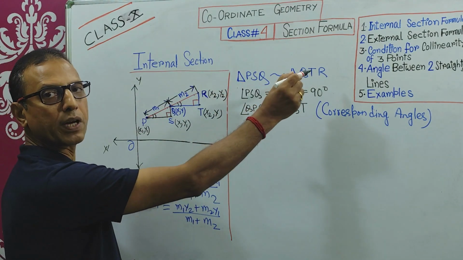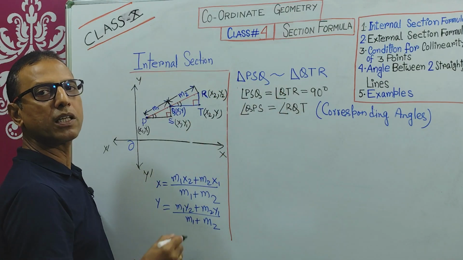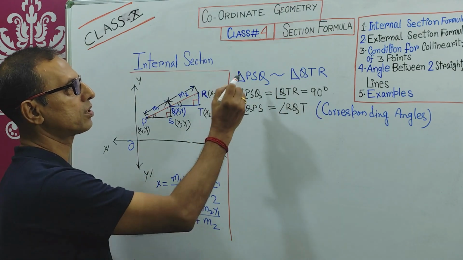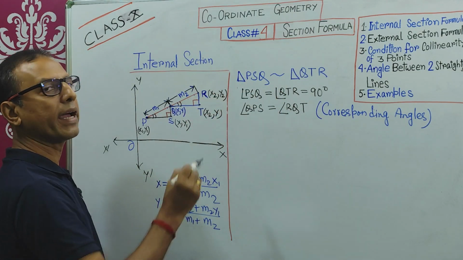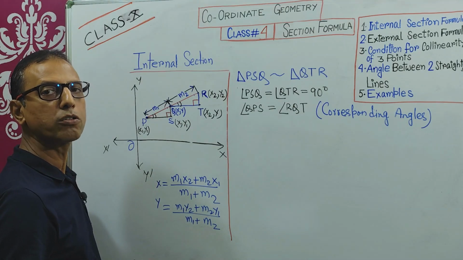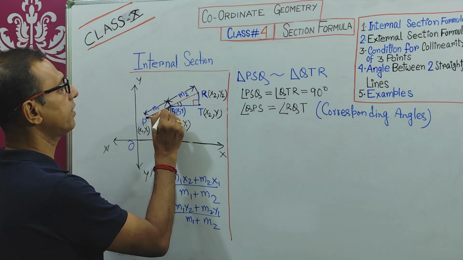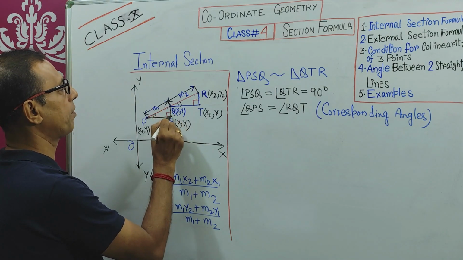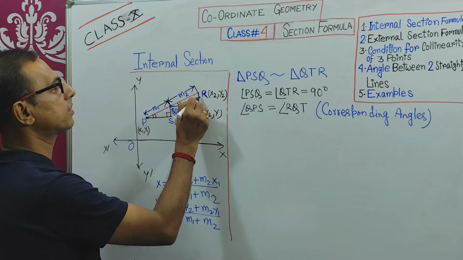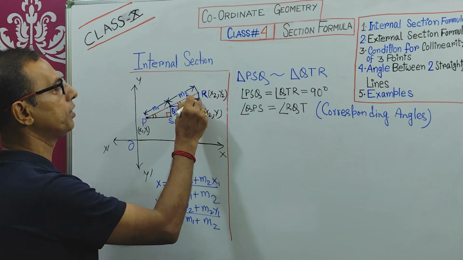Since these two triangles are similar, as per the geometric properties of similar triangles, the ratio of similar sides should also be equal, right? If we take side QS from triangle PSQ, the similar side is RT from triangle QTR.